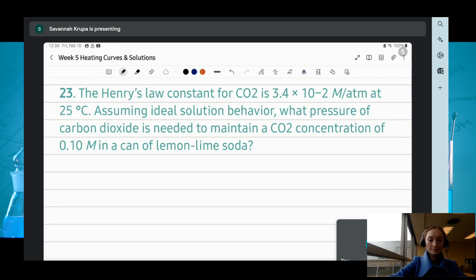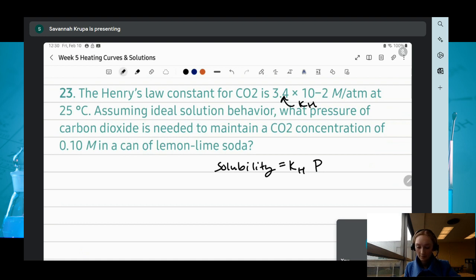So, first of all, we will be working with the same kind of problem that we just worked with here. So it's the solubility equals KH, the constant, times the pressure. So it already gives us the constant, which is KH, and then it gives us the molarity, so the moles per liter per atmosphere.